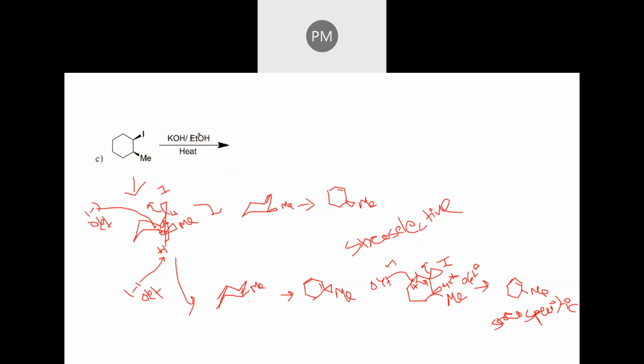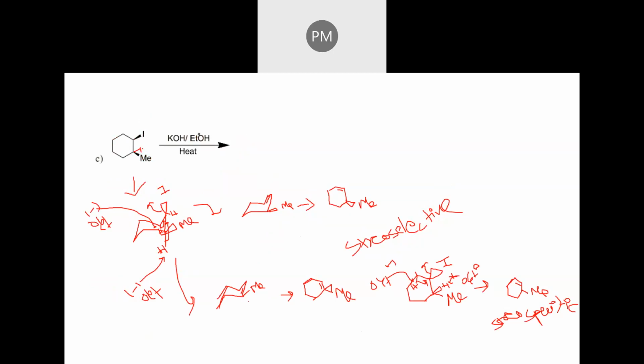Here also there is an elimination reaction, and we know that E2 elimination reactions are favored when the hydrogen and our leaving group are in the anti-periplanar plane. If they are anti-periplanar, then the reaction is feasible. So in this case, the methyl, and there will be one hydrogen which is below the plane, and iodide is above the plane.